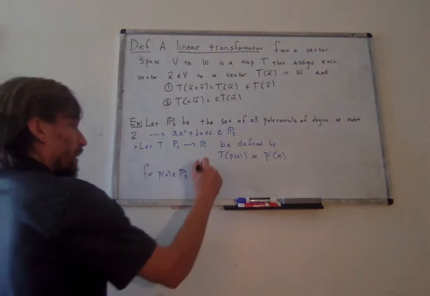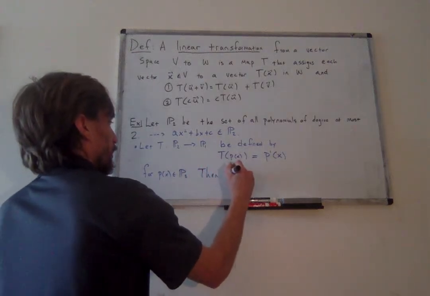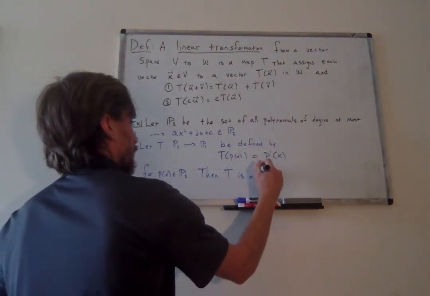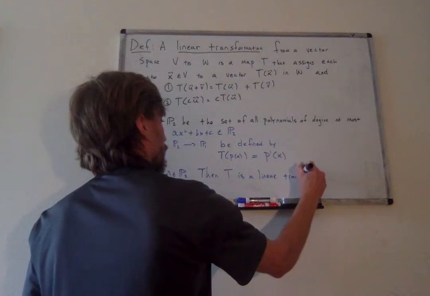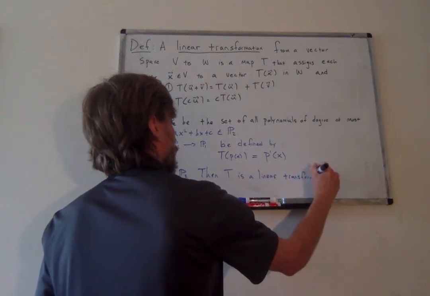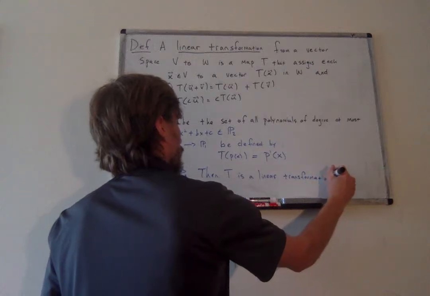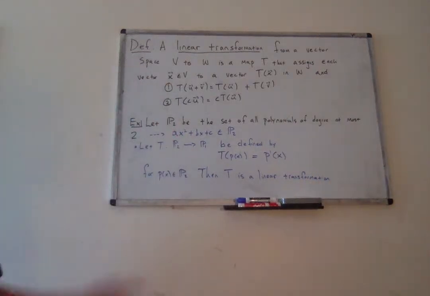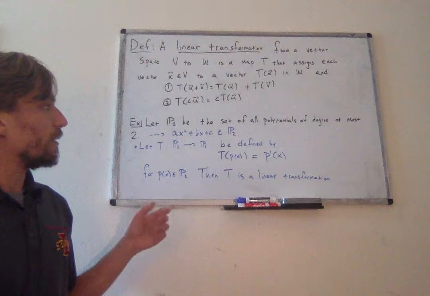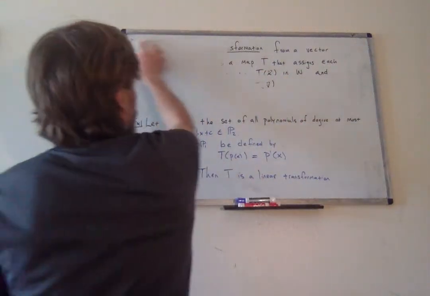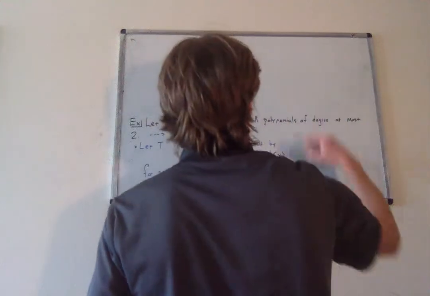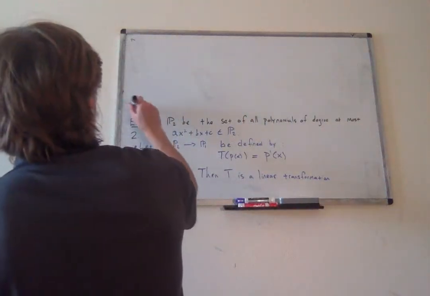Then it actually turns out T is a linear transformation. So really quickly, I want to look at this because I think this is cool. And sort of an interesting application of this to a completely different area of math.